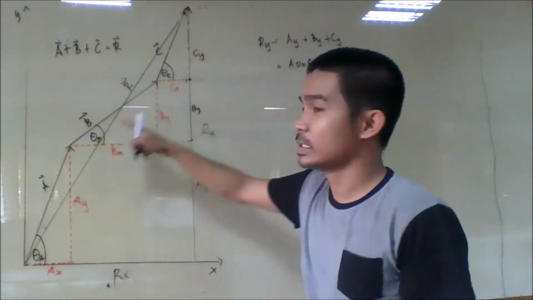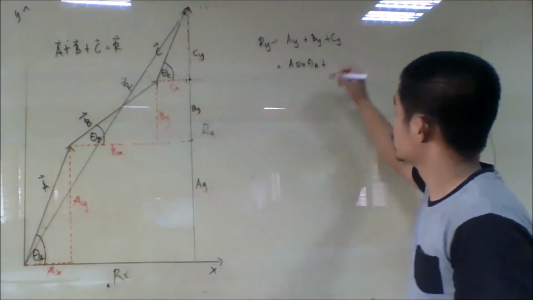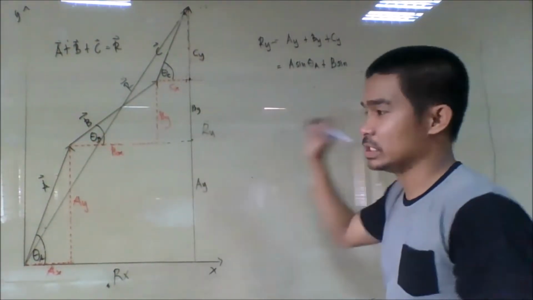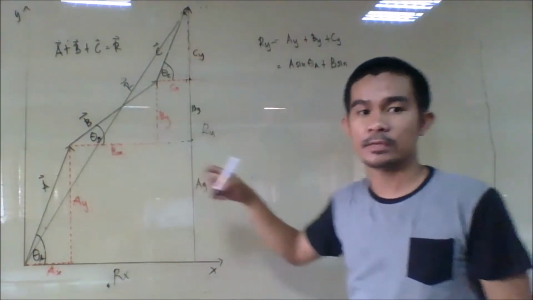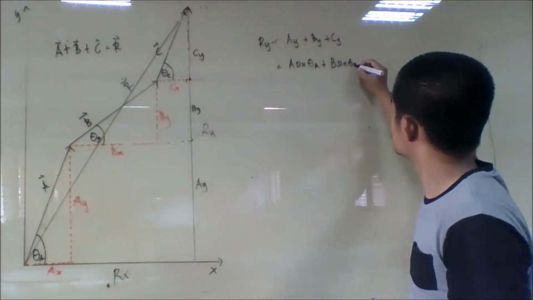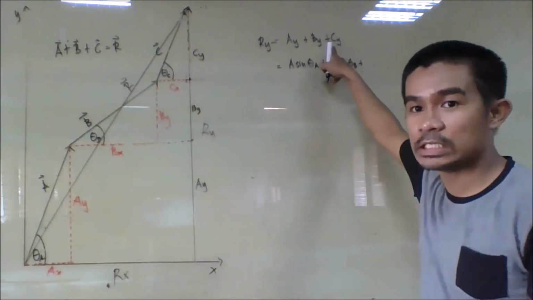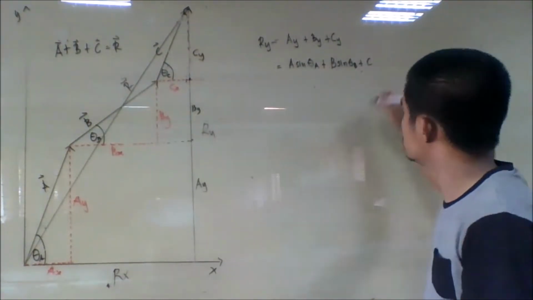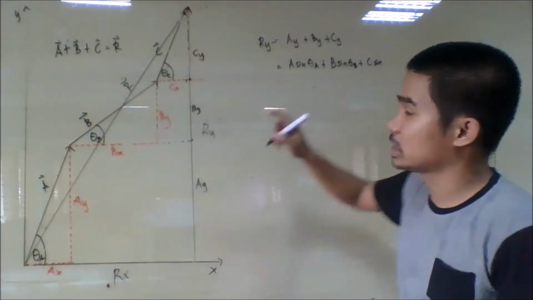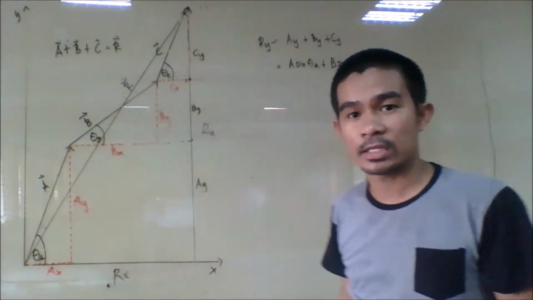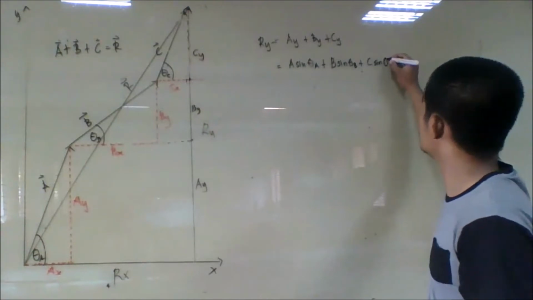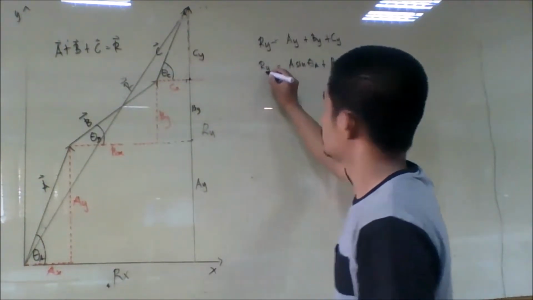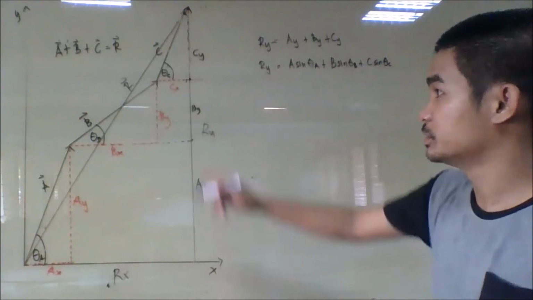B of y is equal to the magnitude of vector B, which is B, sine of its direction, which is theta of B, plus what is this C of y? It is the magnitude of vector C, sine of its direction, which is theta of C. So this is the magnitude of the y component of vector R.